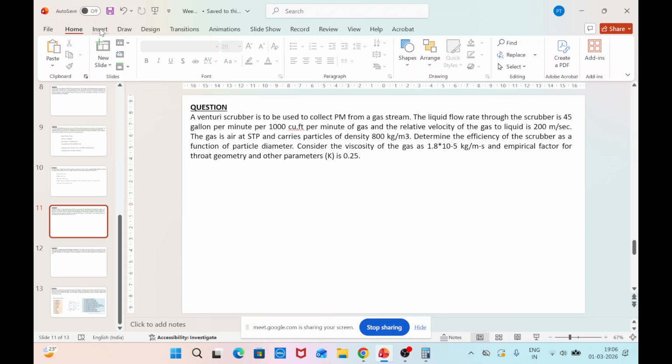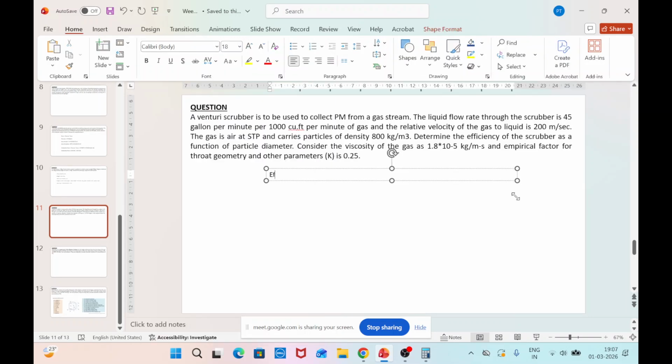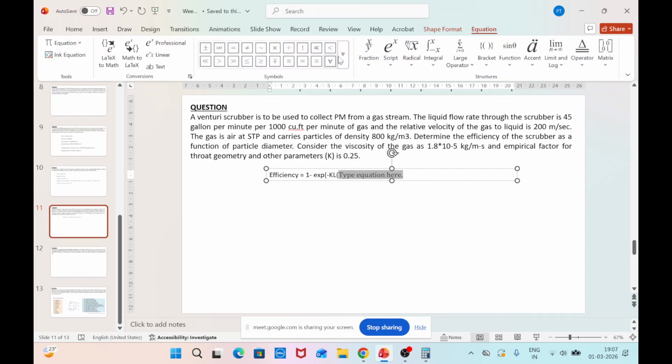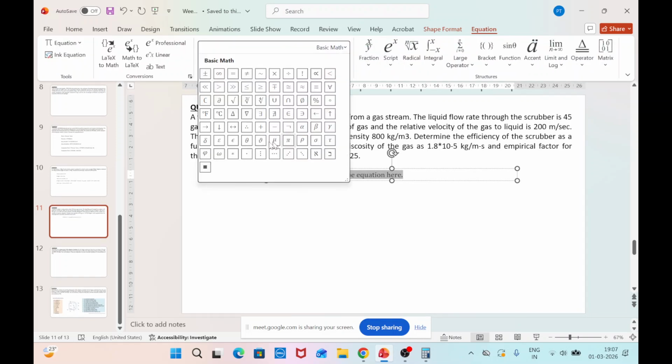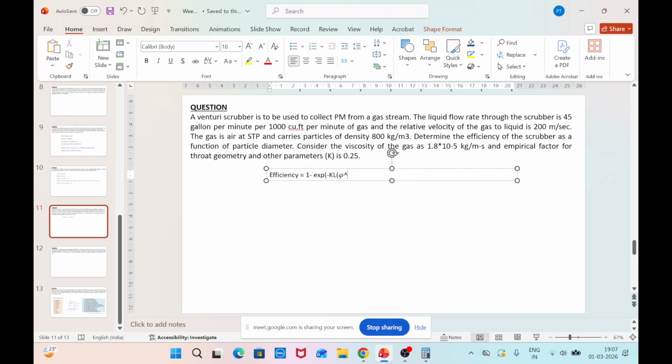The formula for calculating the efficiency is 1 minus exponential of minus K L times psi, the whole power 0.5.